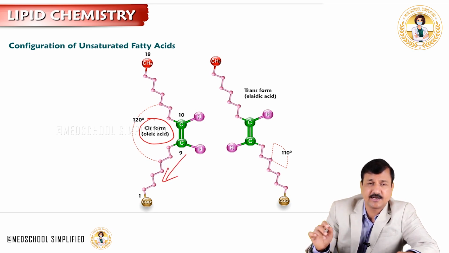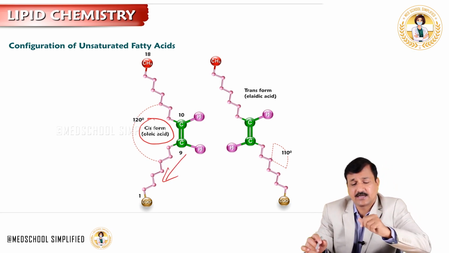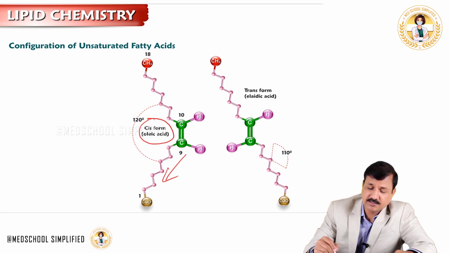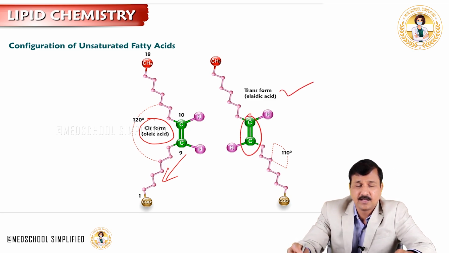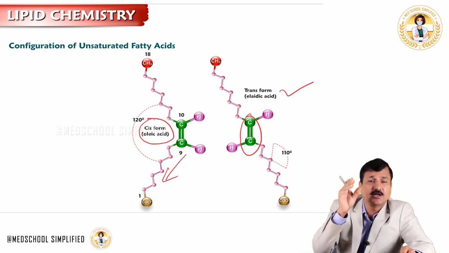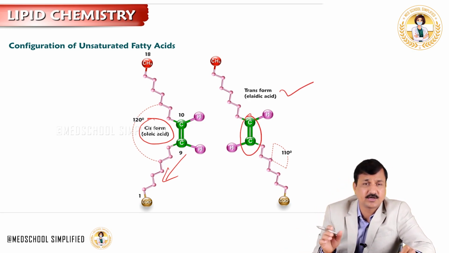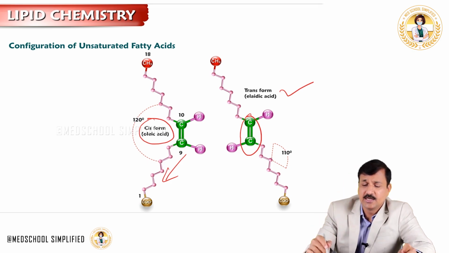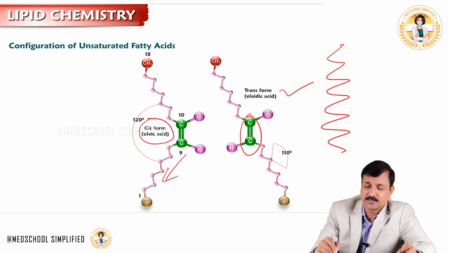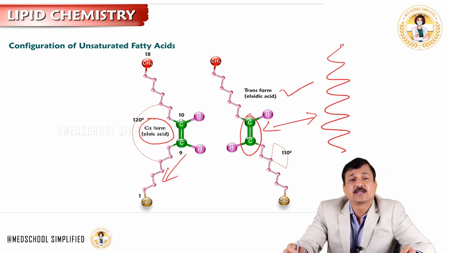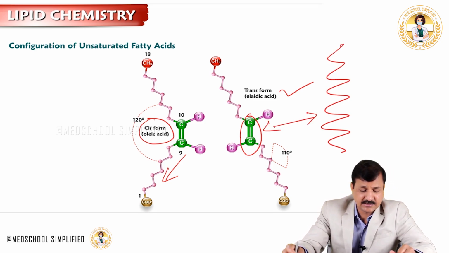Whereas some unsaturated fatty acids can have the double bond in trans configuration, which means the fatty acid tail does not change direction after the double bond. It's like a straight chain, just like a saturated fatty acid. So trans fatty acids look like saturated fatty acids.